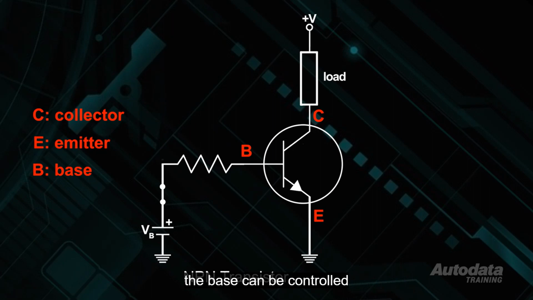The base can be controlled by a switch. The resistor in the base circuit is there to limit the amount of current flowing in the circuit. With the switch closed, a small current flows from the base to the emitter. This small base-emitter current flow allows a larger collector-emitter current flow.